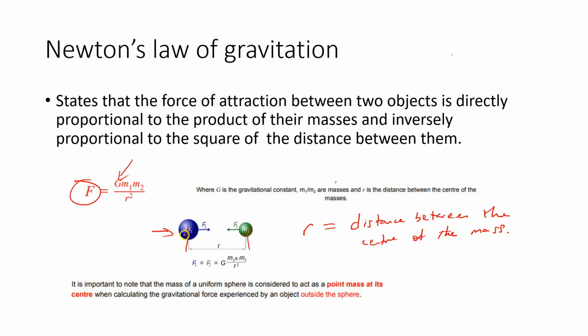Now, what we're really saying here is that the distance of separation is measured from the center of the object, right? Because one of the things we should remember is that the mass of an object is concentrated at the center of the object.